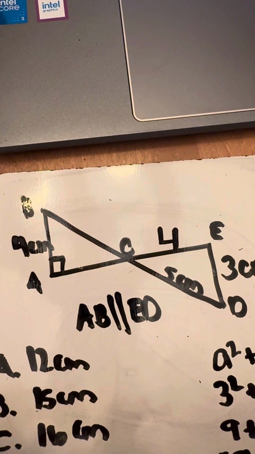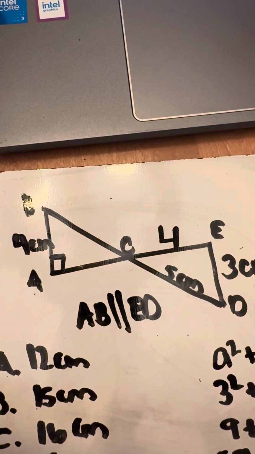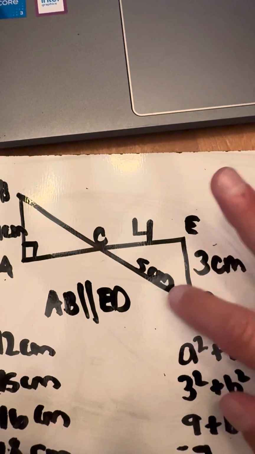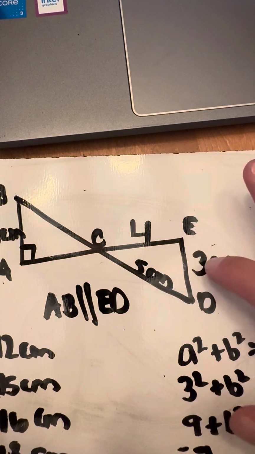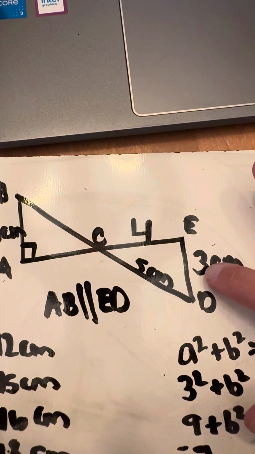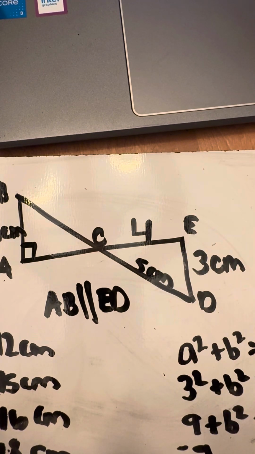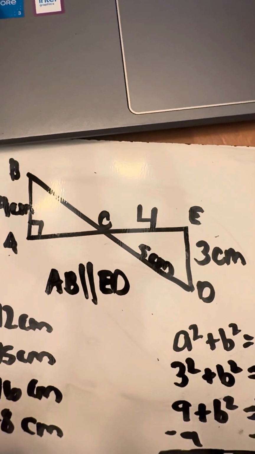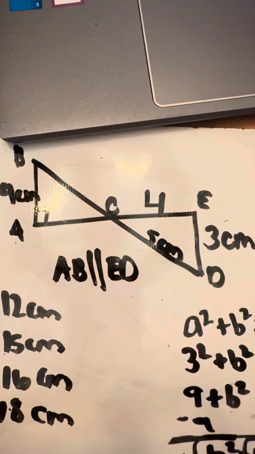Going back to our pieces, this is a 4 to 3 ratio. If we add it all together, 4 plus 5 is 9, plus 3 is 12. That whole triangle has a perimeter of 12. What we're going to do is take 4/3 of that perimeter, and that will help me determine the perimeter of this triangle right here.